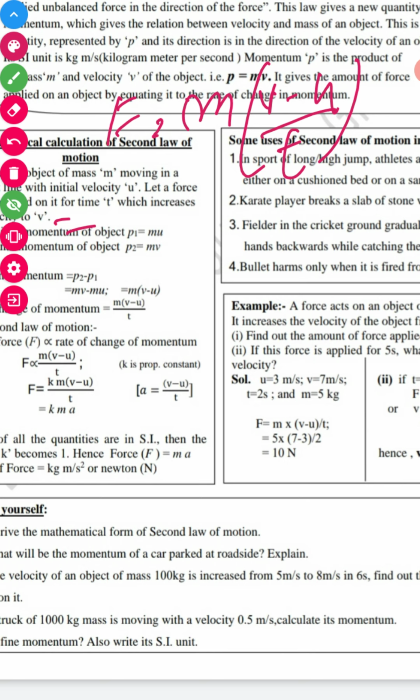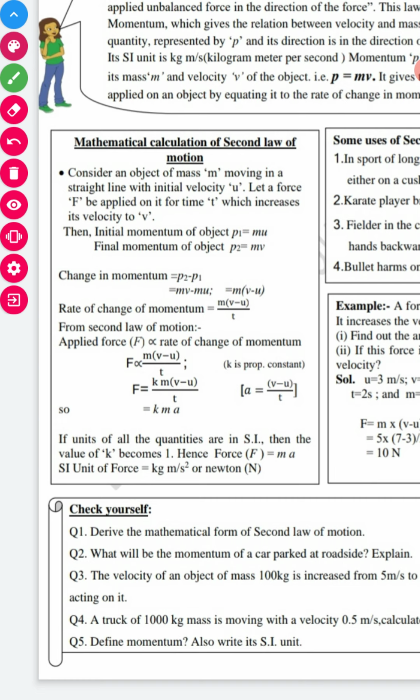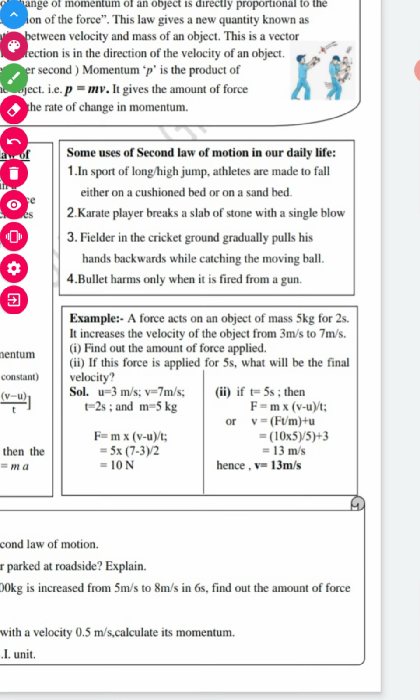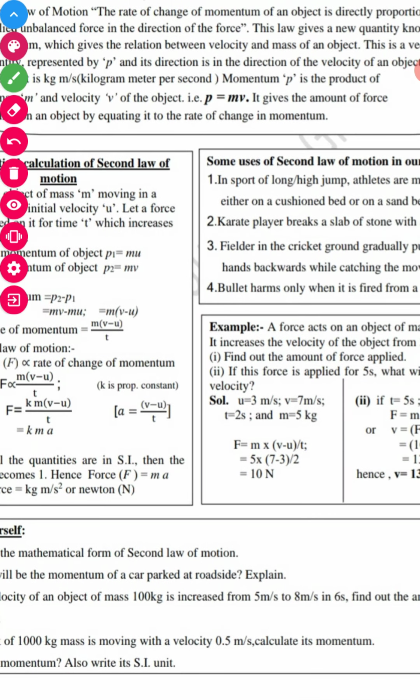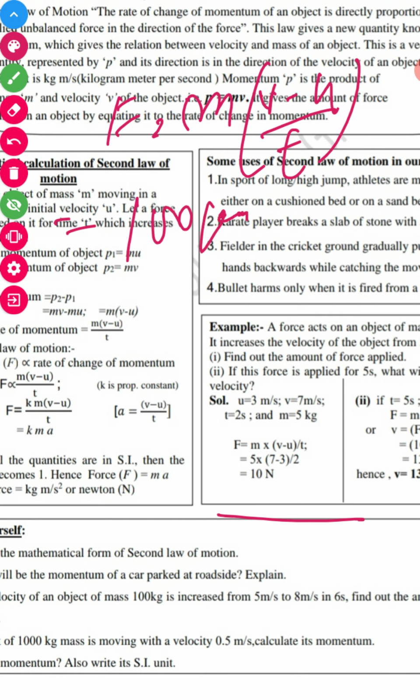So m we have 100 kilogram, we have 8 minus 5, and t is 6.